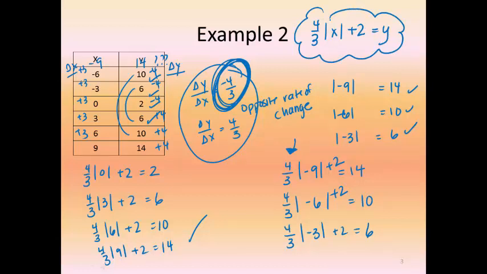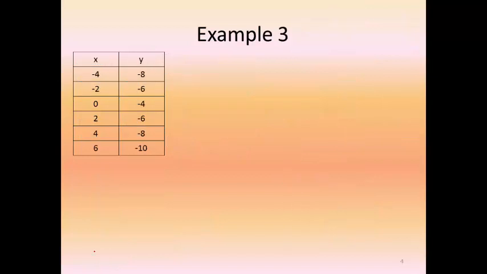You may also write that with f of x. We got one more. Let's check out to see that this is a function. None of my x's are repeating. So the next thing we look at is whether or not this is linear or if it might be something else like absolute value. So I start by checking the change in x's. And my change of x's here are plus 2, plus 2, plus 2, plus 2, plus 2. I'm counting by 2's.